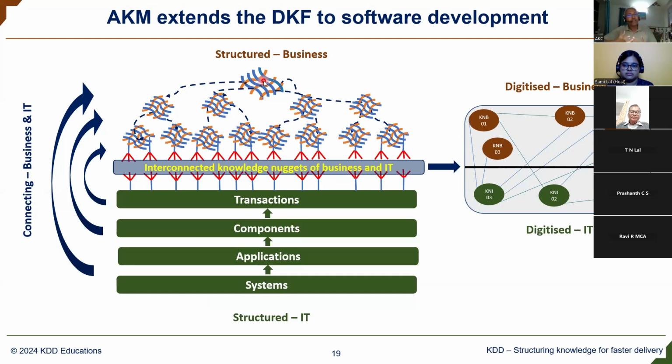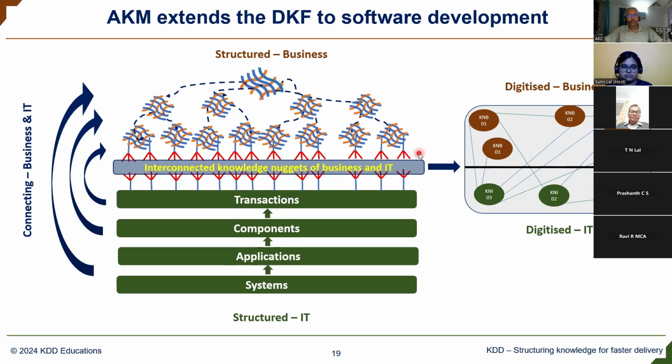Whereas from an IT system perspective, you will have systems, then applications. The system is at a higher level. Below that, you will have multiple applications. Within the applications, you have multiple components, and then you will have the business transactions going on. So AKM connects these two layers, with transactions at the lowest level and the system at the highest level.